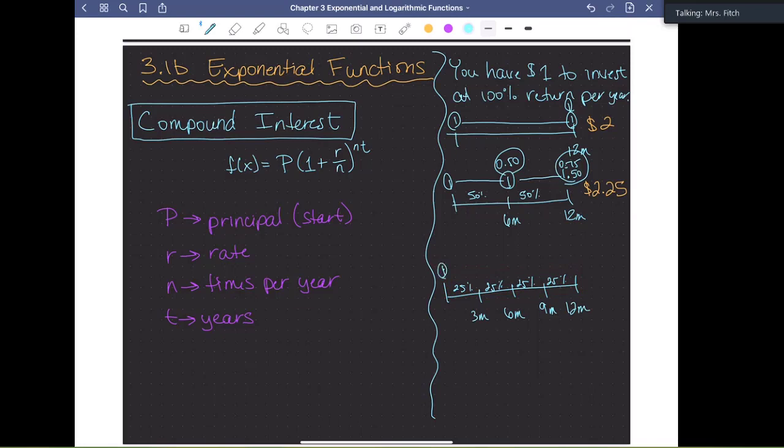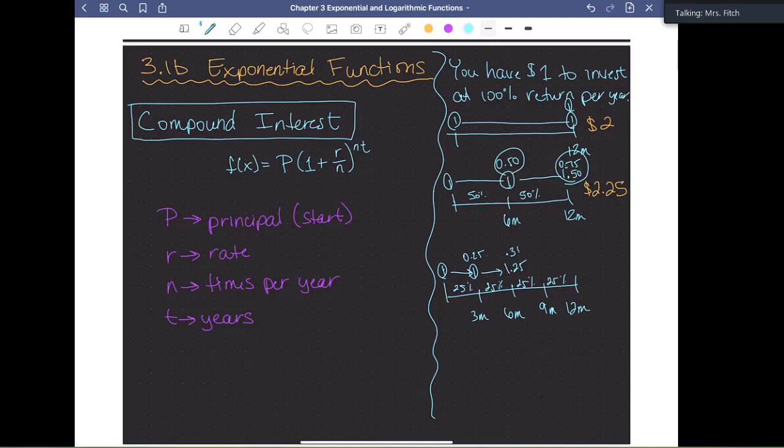So I take $1. After 3 months, I'm still going to have my $1, but then I'm going to make 25 cents, because that'd be a quarter of $1. So at 6 months, I would now have $1.25, but they're going to pay me some interest. 1.25 times 0.25, we're just going to round this and say 31 cents.